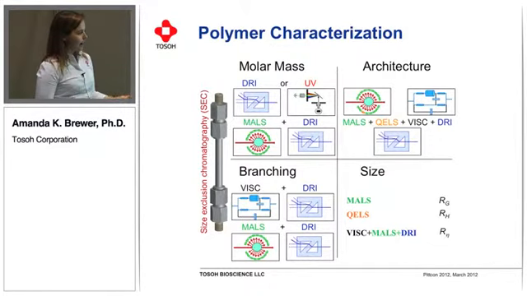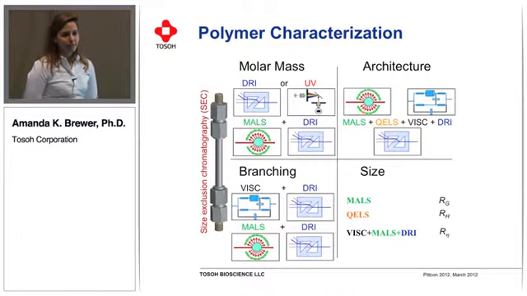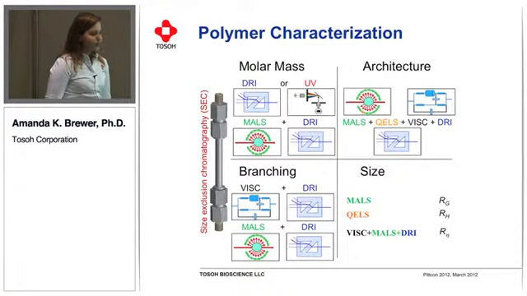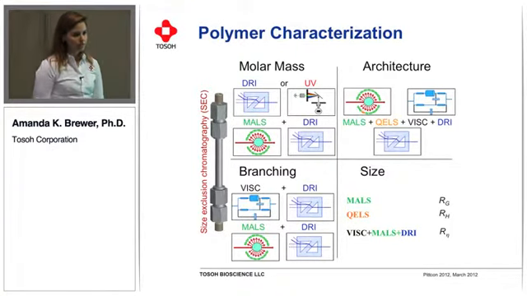So the 3 radii, and I will define them in more detail later as we talk about examples, are these. With the multi-angle light scattering detector, we get what's called the radius of gyration. The quasi-elastic or dynamic light scattering detector gives the hydrodynamic radius. This is also known to biochemists as the Stokes radius.